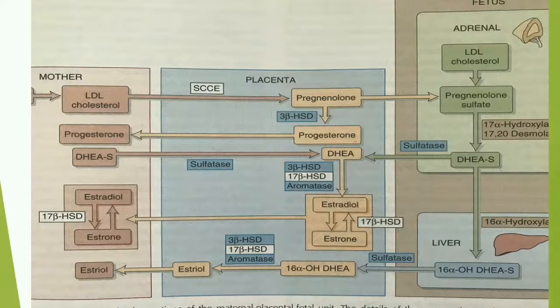Now this DHEA sulfate, when it moves through the fetal liver, forms hydroxy DHEA sulfate. Now these two, as they cross the placenta, are acted upon by the enzyme sulfatase and form DHEA and hydroxy DHEA. And the placenta has got the machinery to convert this DHEA and hydroxy DHEA into estradiol, estrone and estriol, which is finally released to the mother, right?